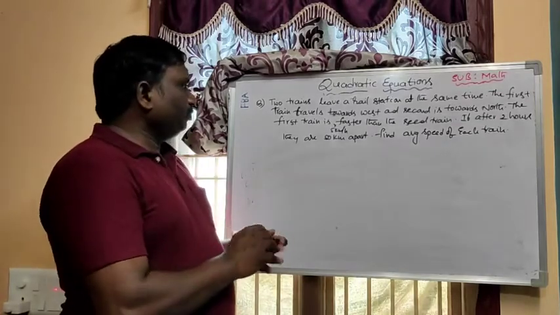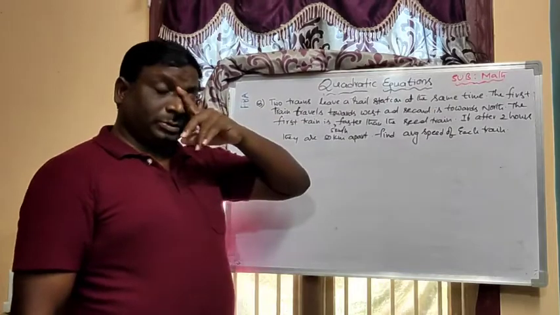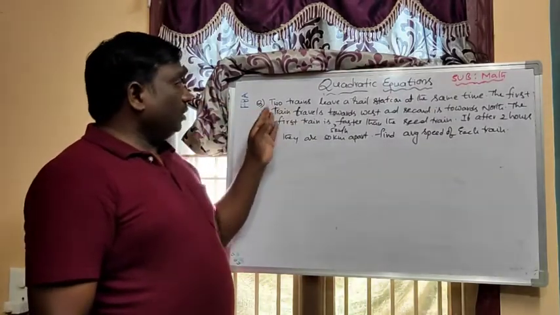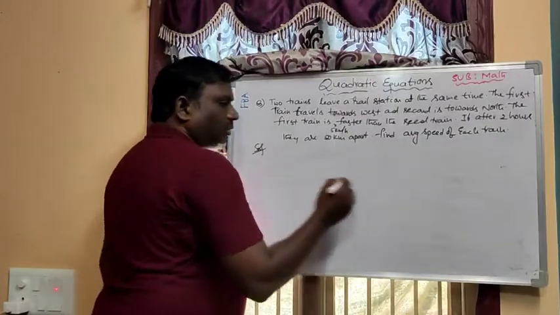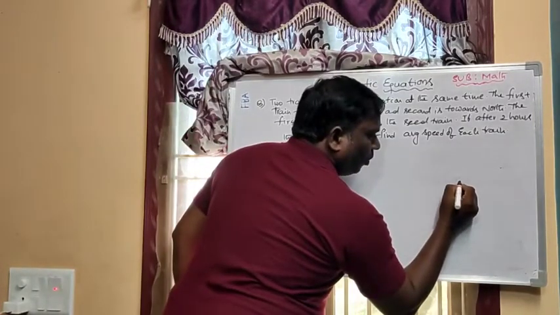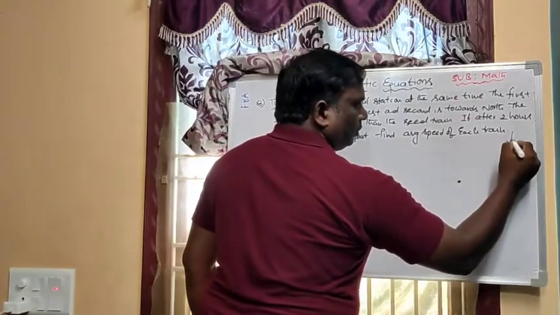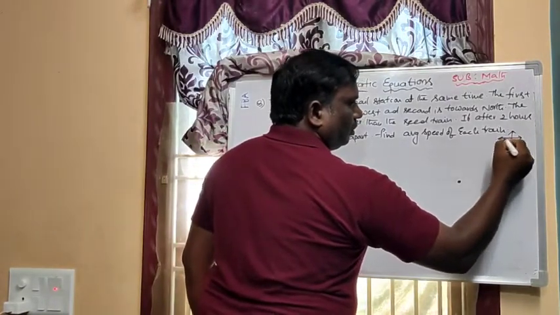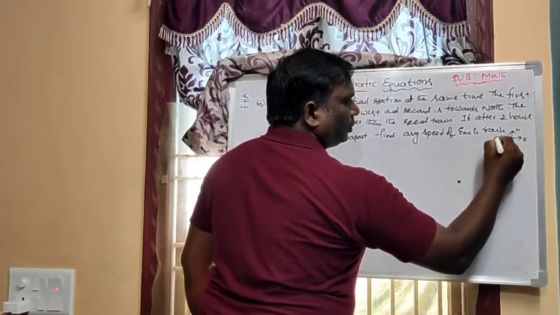So see here, two trains leave a rail station at the same time. Now this is the starting point of the trains. We know the directions: north, south, east, west.